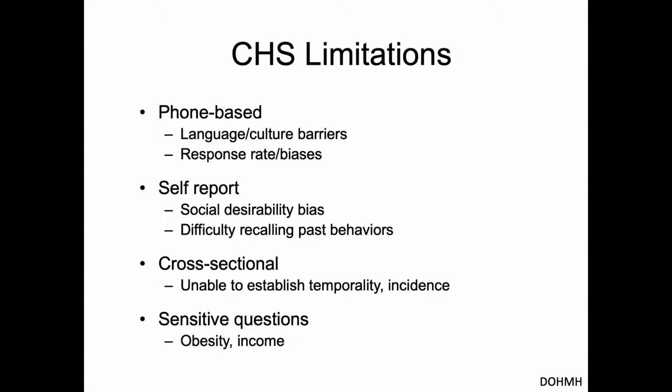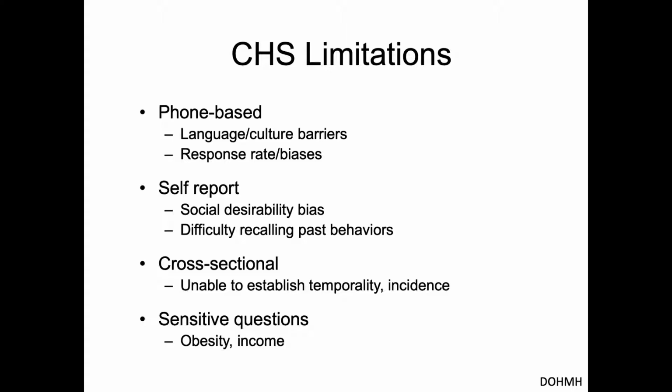The self-reported nature of the data can be problematic. So there is social desirability bias and difficulty in recalling past behaviors. So just thinking about something like height and weight, people probably tend to overestimate their height and underestimate their weight. So you will get some social desirability bias related to that. When you ask about past health behaviors, some people might have trouble remembering.